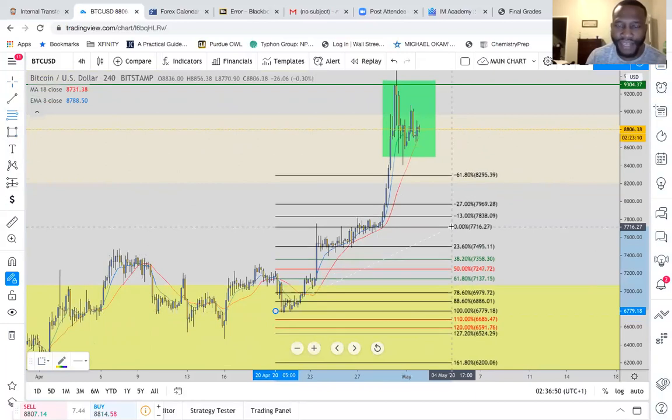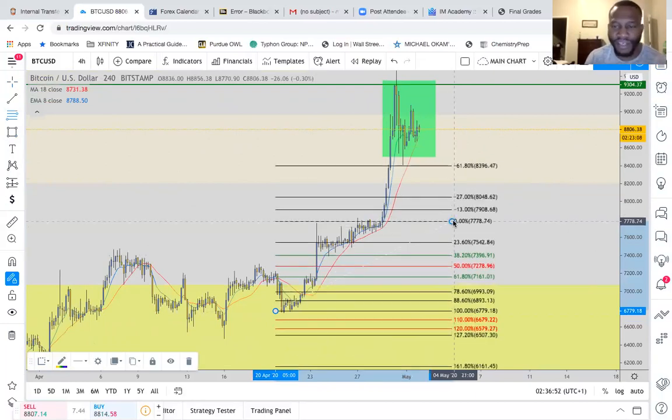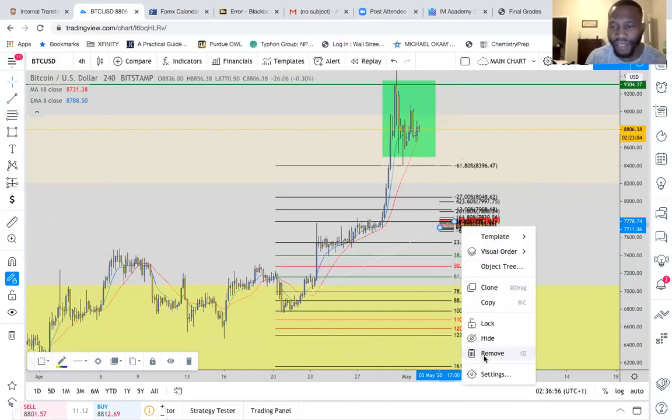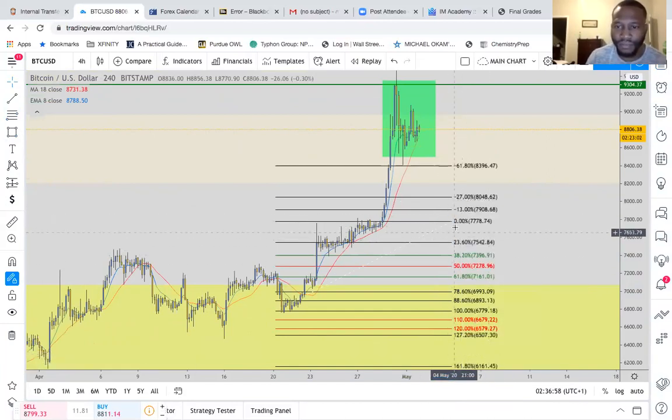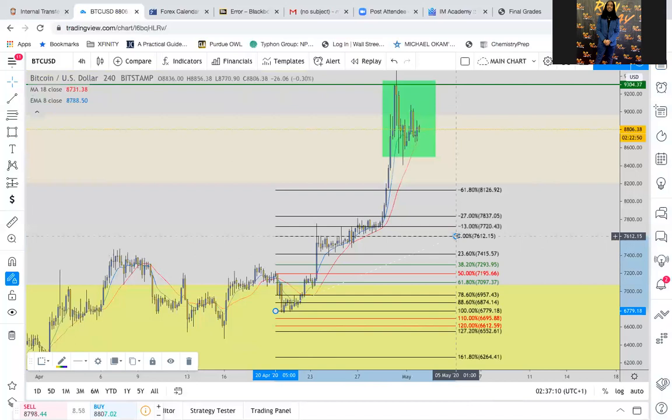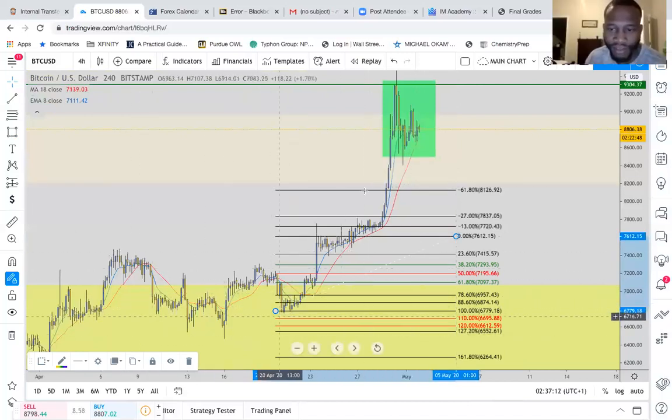This was the last high. Where did this support stop in our PRZ, in our Fibonacci? Where did we get a support level? We're in an uptrend, high low to high high.